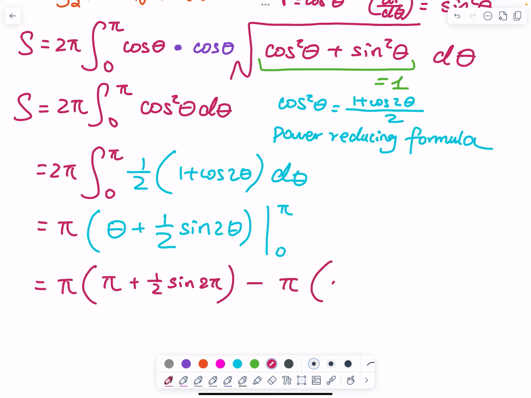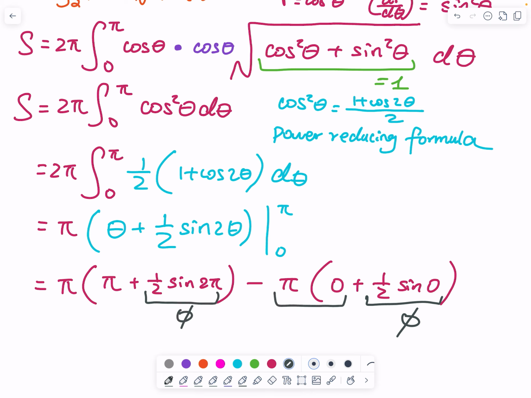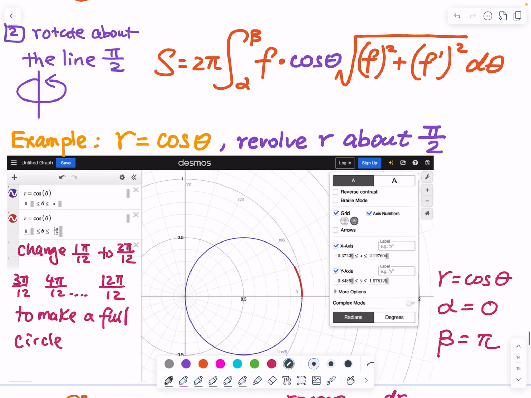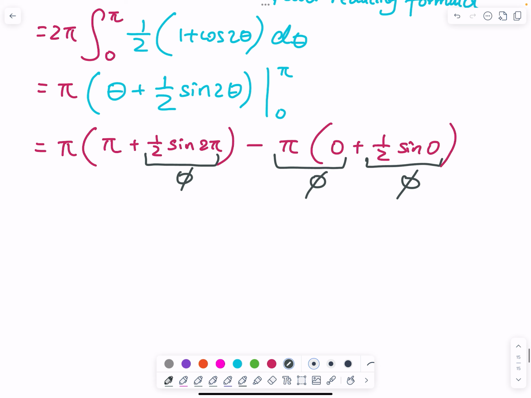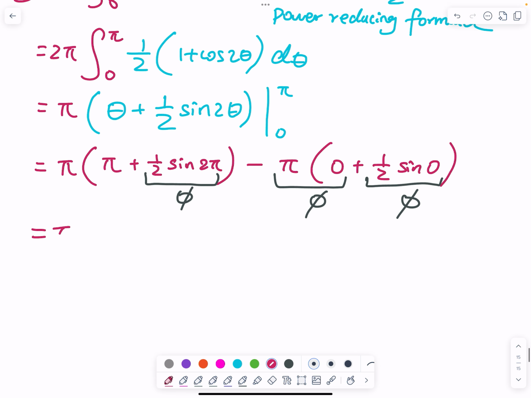Minus, plug in 0: 1/2 sine of 0 is also 0. So all the work after all this gives pi squared. So pi squared is your surface area.